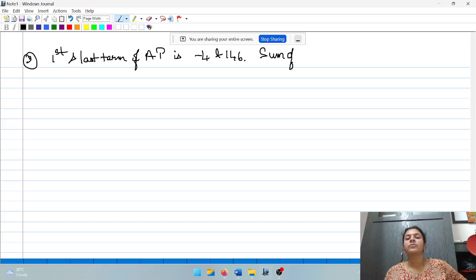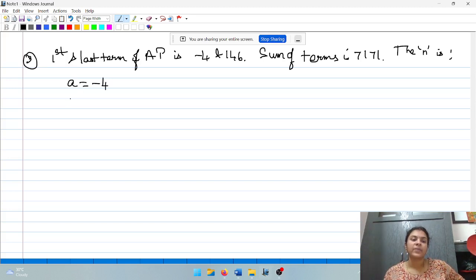Sum of terms is 7171. The number of terms is, so first term A is equal to -4. Last term, I don't know what is n, so 146 is equal to A plus n minus 1 into D. So -4 plus n minus 1 into D.